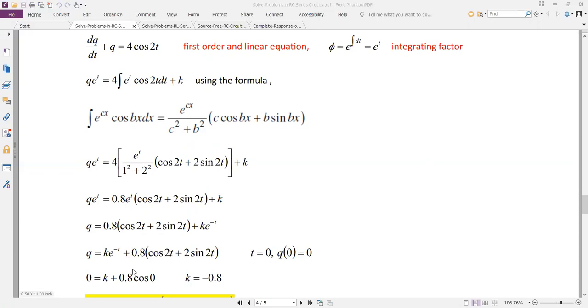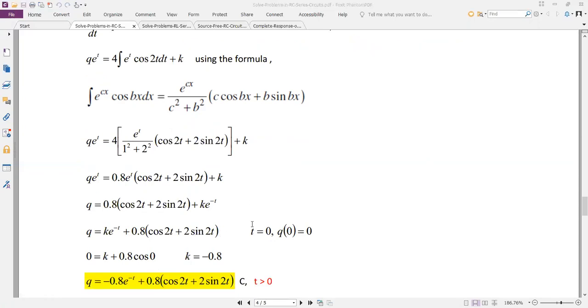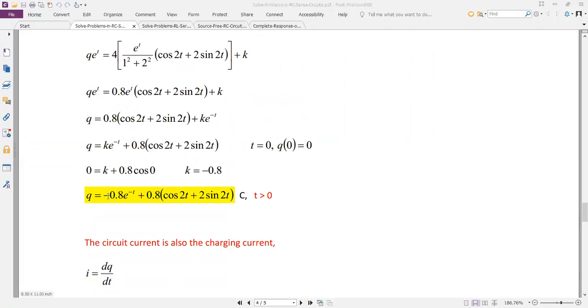So cosine of 0 is 1. We know that. So your Q at any particular time will be equal to negative 0.8 e raised to negative t plus all of this, because we have already determined that K from this initial condition is equal to negative 0.8.